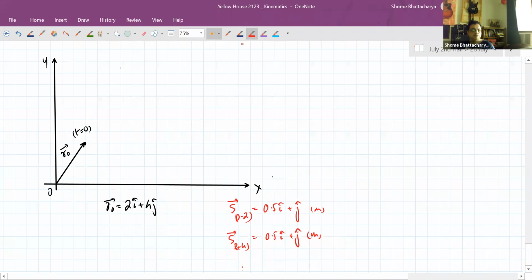So we'll see something interesting, that it keeps moving along this straight line. I mean, if you compare it, it's on this particular straight line.